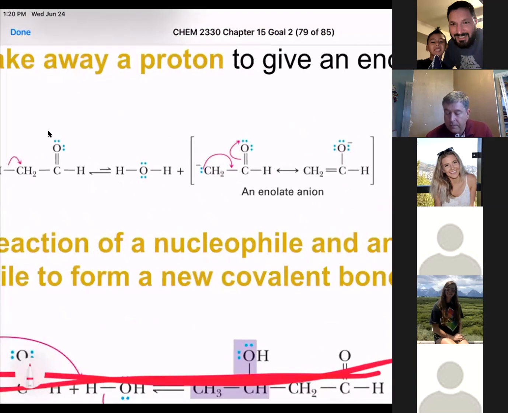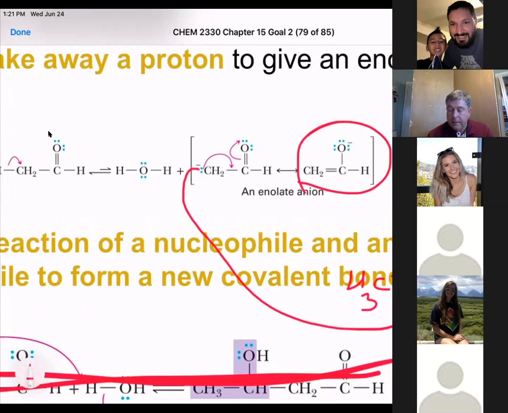So we have an unreacted species here, CH3. We formed an enolate here. And so the electrons from this enolate are going to come in and attack here, kicking this open, giving you a charged species on this oxygen, okay?